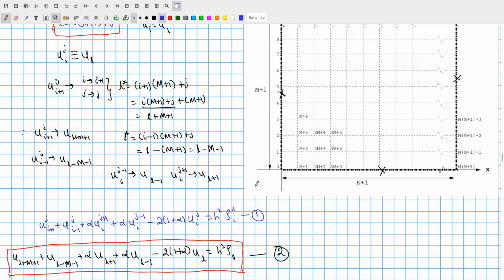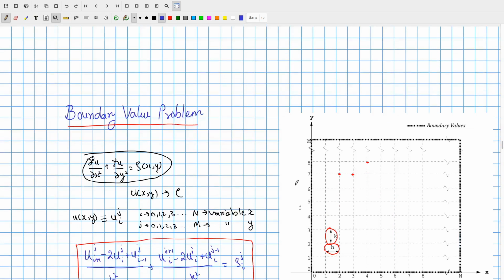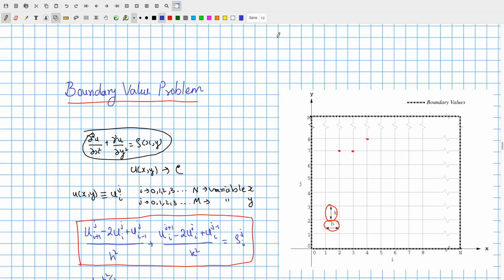If you remember, initially we didn't mention the boundary conditions, though we wrote them. The boundary conditions are for i equal to 0, j goes from 0, 1, 2 up to m, and i equal to n, j goes from 0, 1, 2, 3 up to m.